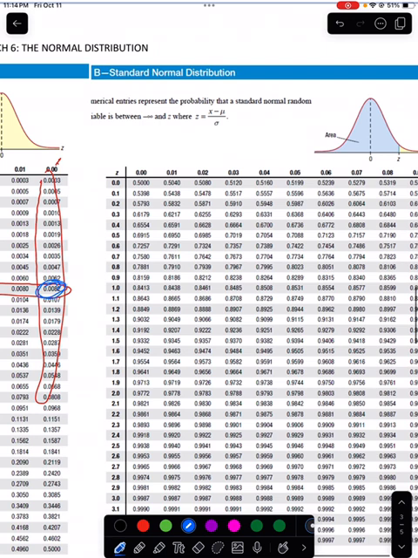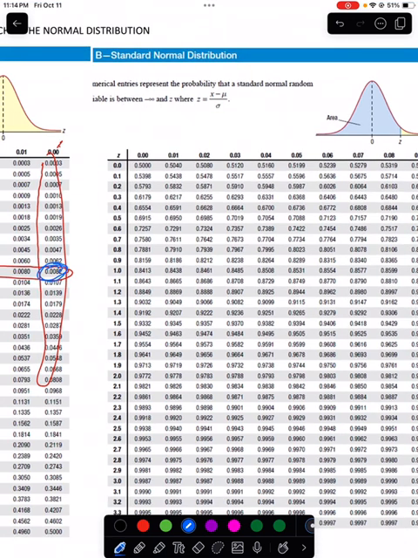So this is something you should know. When z has a negative value, then you have to look at the table with the negative z values. You don't try to look first in the positive, not find it, and then switch. You should know beforehand.